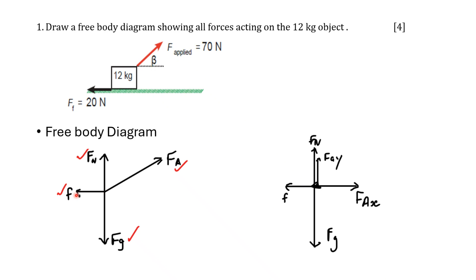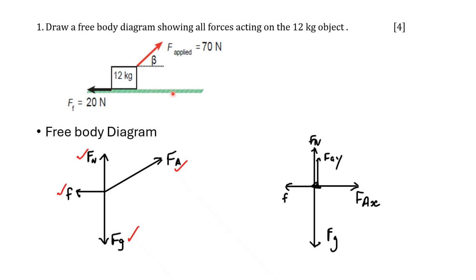There, friction, we always have, for an object to move while we are pulling it, we require friction. So therefore, friction to the left, and it looks the same as the previous one, 4 marks, or you can go FAX, right? My force applied in the X direction, force applied in the Y direction, normal force, and I have my friction and my force of gravity.